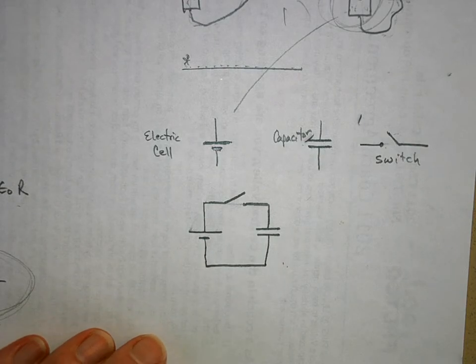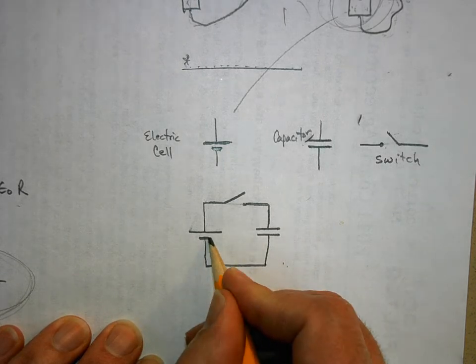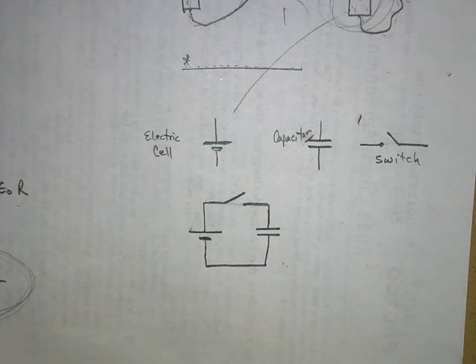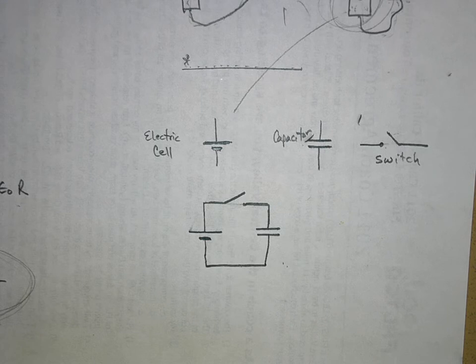Now, here's what's going on. This is my battery, or my electric cell, but I'm just going to call them batteries. What a battery does is it boosts the voltage in the circuit. Now, if you have an electric cell like this, I think it's 1.5 volts.